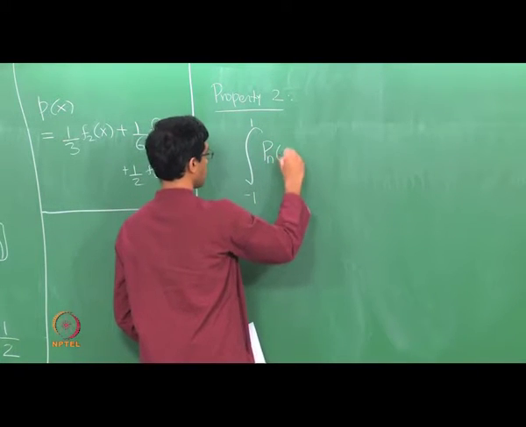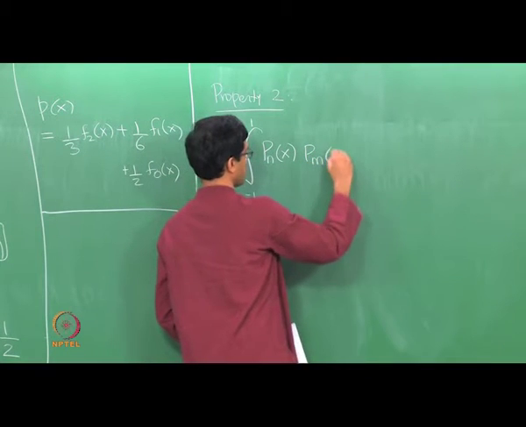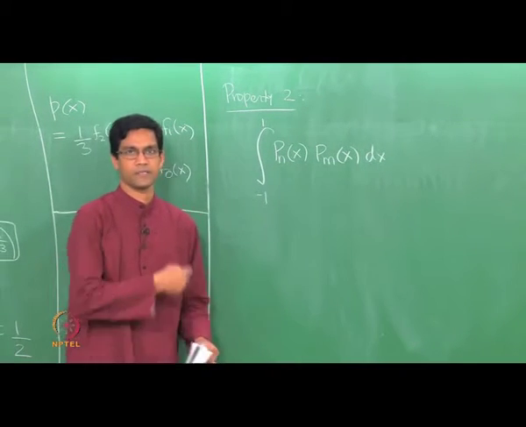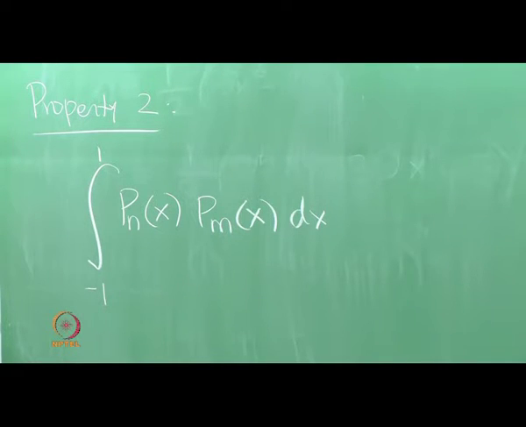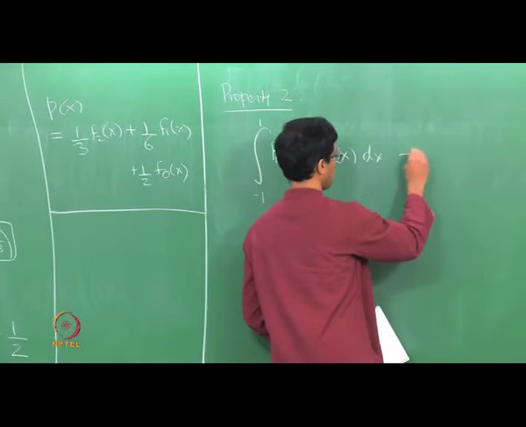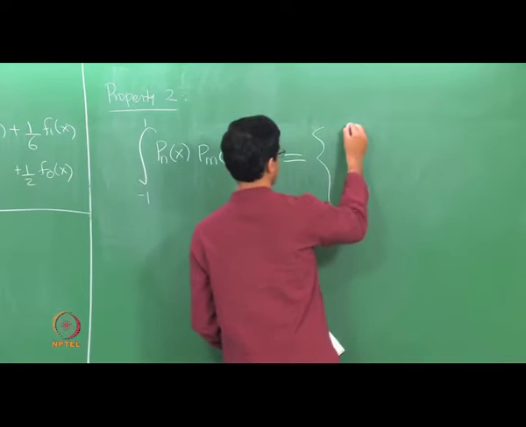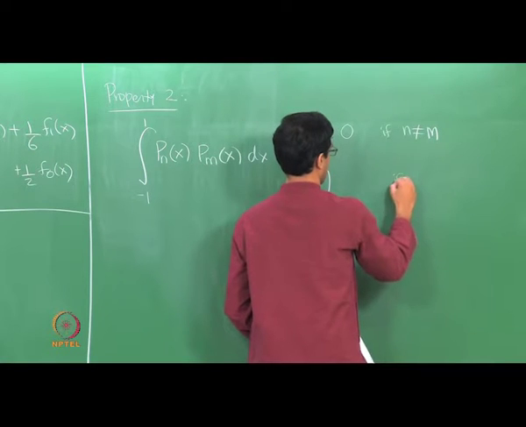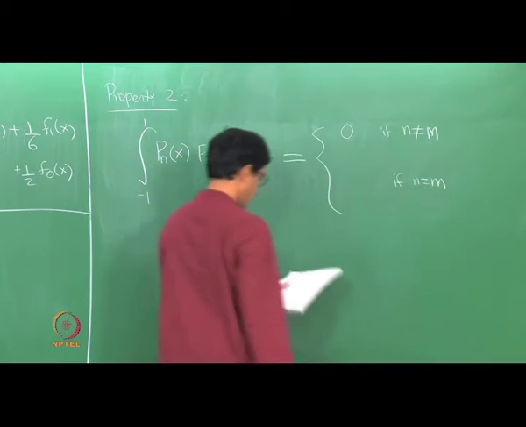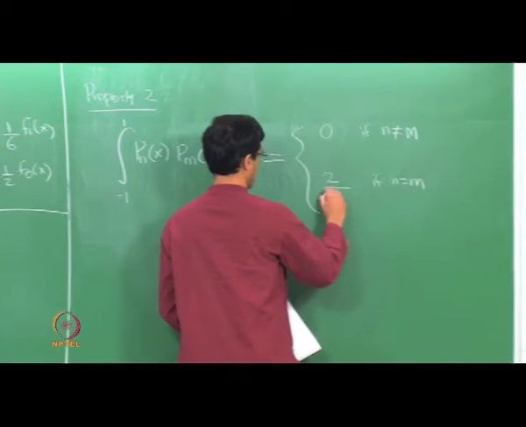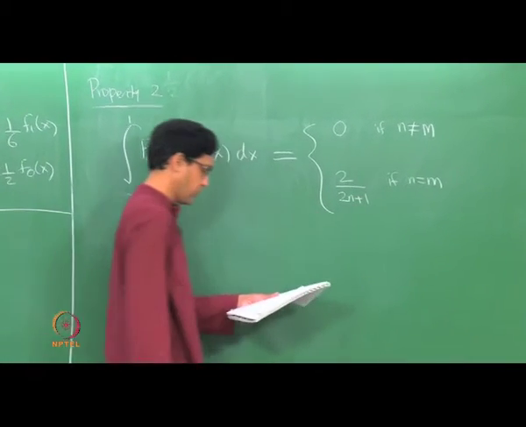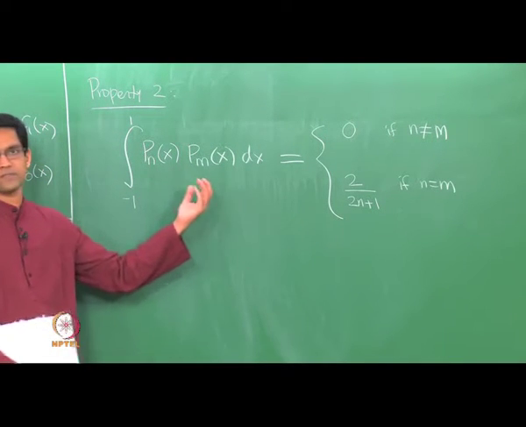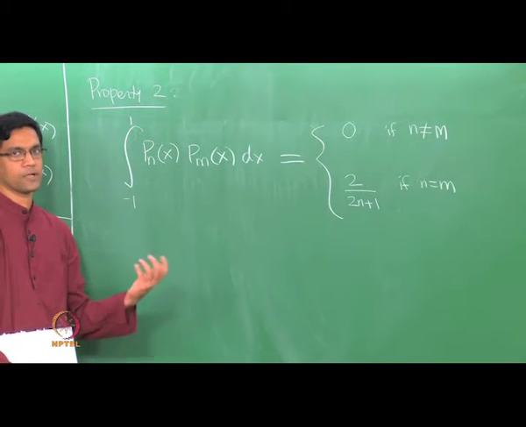If I take two Legendre polynomials Pn of x and Pm of x and I integrate them, I take the definite integral from -1 to 1, then it turns out that the answer is 0 if n is not equal to m, and you get some non-zero answer, which is 2 divided by 2n plus 1 if n equals m. Now this is somehow the heart of the key property of the Legendre polynomials.